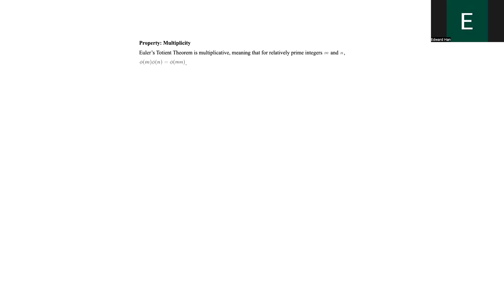Okay, so we're going to talk about this property called multiplicity. Multiplicity is a pretty advanced number theory function thing.